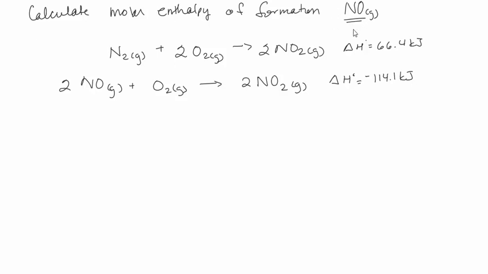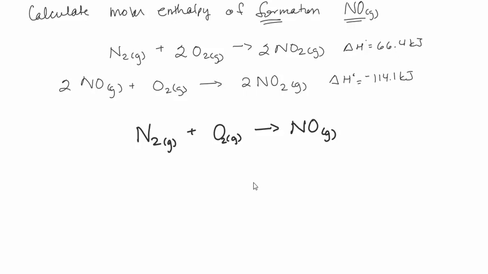Now, I already know that I need nitrogen monoxide in the product. I know the atoms are nitrogen and oxygen. So although I wasn't given that target equation, you should be able to pick out that this is going to be a combination of nitrogen and oxygen in order to form nitrogen monoxide.